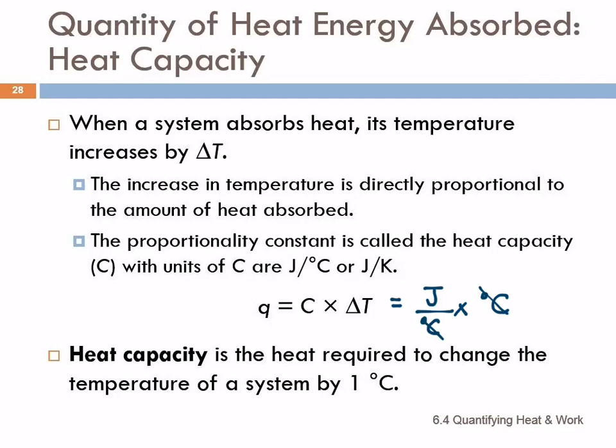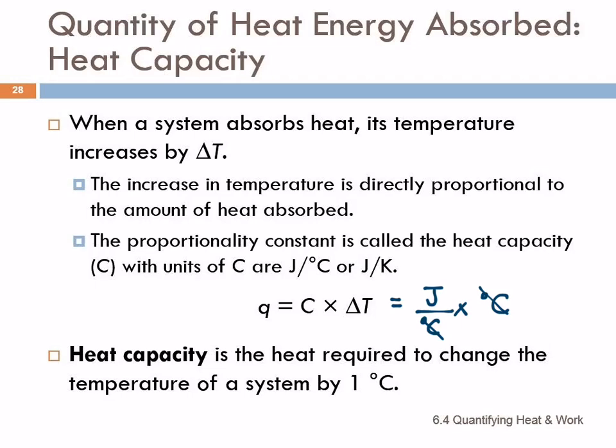So what is the physical meaning of that proportionality constant? That heat capacity is the amount of heat energy needed to change the temperature of a system by 1 degree Celsius. Now, what gets a little confusing is Kelvin and Celsius here. This is a change in temperature.